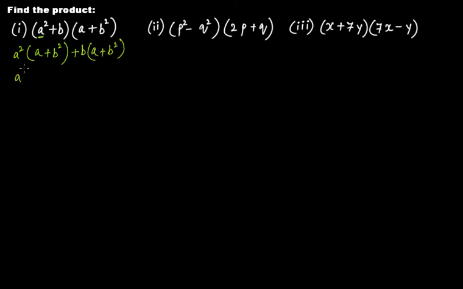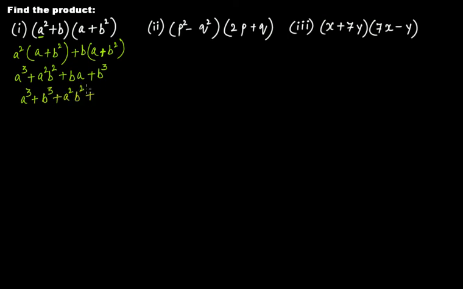This is a cubed plus a squared b squared, this is plus b multiplied by a, and plus b multiplied by b squared is what? b cubed.